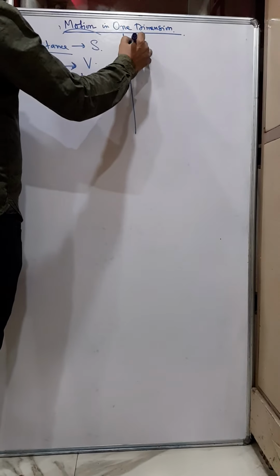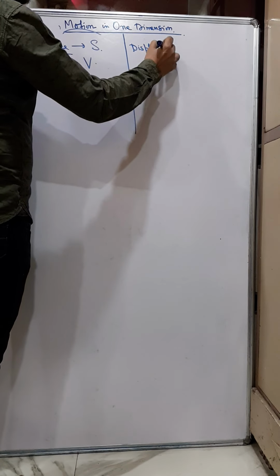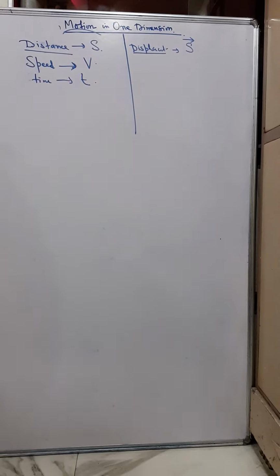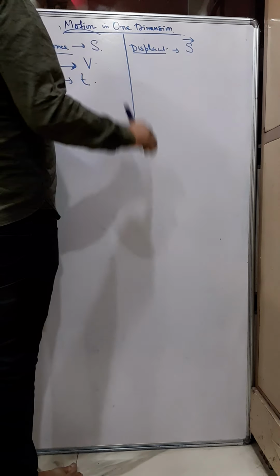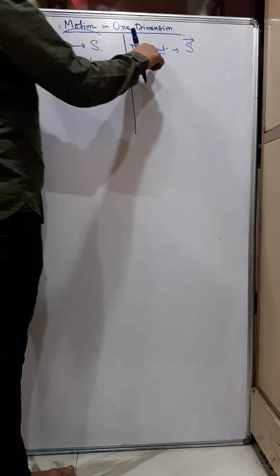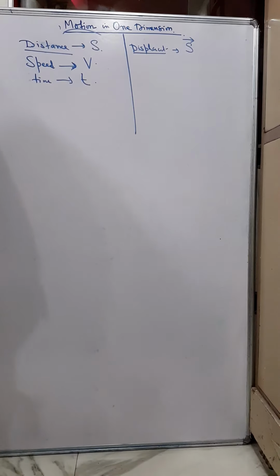But when I use a vector quantity, like displacement, which is a vector quantity, then we use an arrow like this. So distance is s, displacement symbol is also s, but with an arrow or simply a bold s.